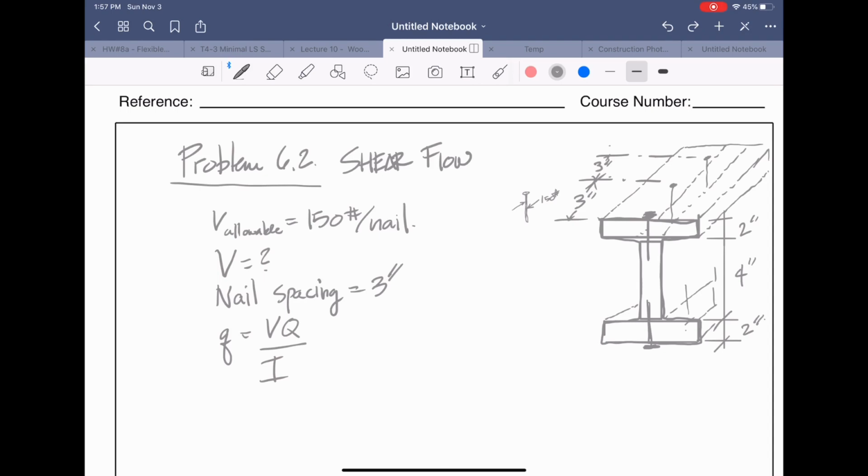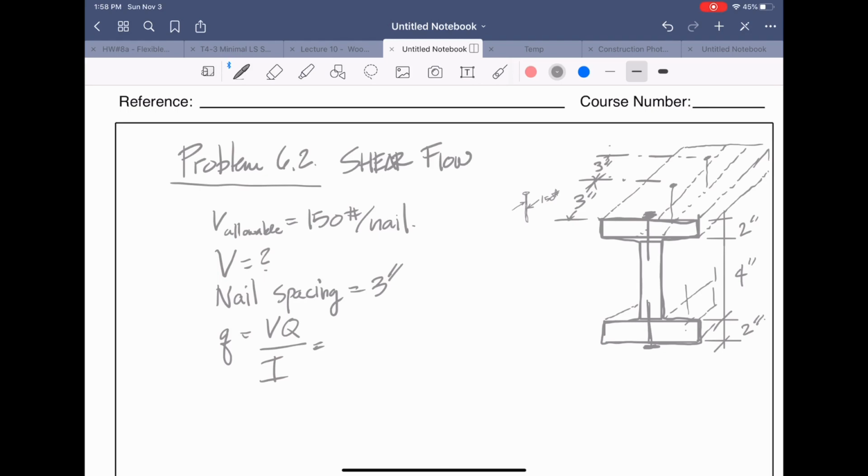So we have to find out how much stress is being felt at 3 inches on center also. We have to consider the spacing. So let's go ahead and start calculating some of the things.